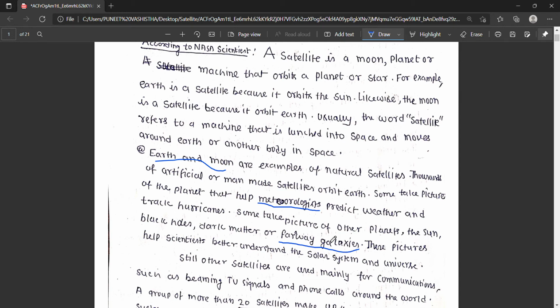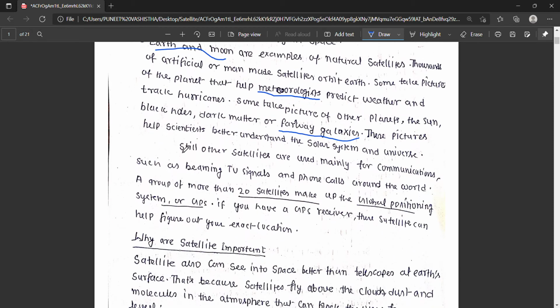So for that we are also moving ahead. So these pictures help scientists better understand the solar system and universe. Okay. Still, other satellites are used mainly for communication, such as beaming TV signals and phone calls around the world.